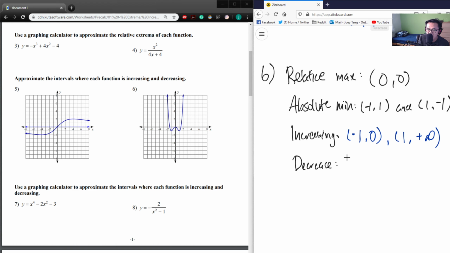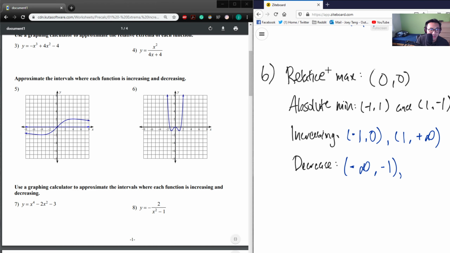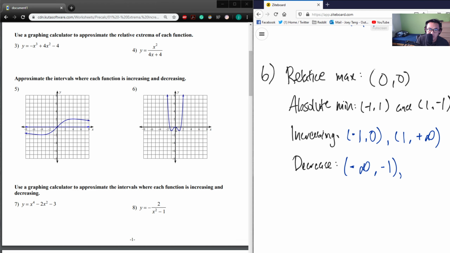So this will be -infinity, comma, -1, and I'm going to write comma. It's decreasing, and then it's increasing, and then it goes back to decreasing before it goes back to increasing, right? As I know here, I can have a relative maximum of increasing, and then it's decreasing. So I'm more focused on this interval here. It's going from 0 to 1, right? And that's going to be my interval of decrease as well, from 0 to 1.